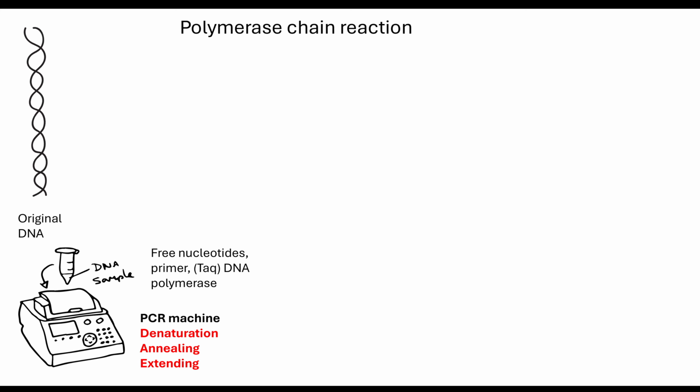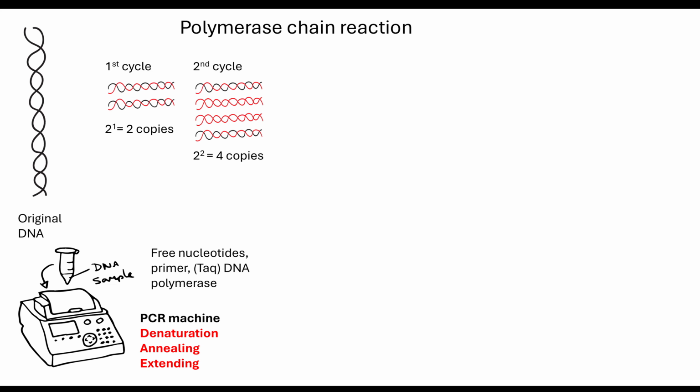So the first time it does that, the first cycle, we're going to go from having our original DNA and we are then going to end up with 2 copies. 2 copies that are semi-conservative, 1 original strand and 1 new strand in the DNA molecule. So therefore we end up with 2 copies.